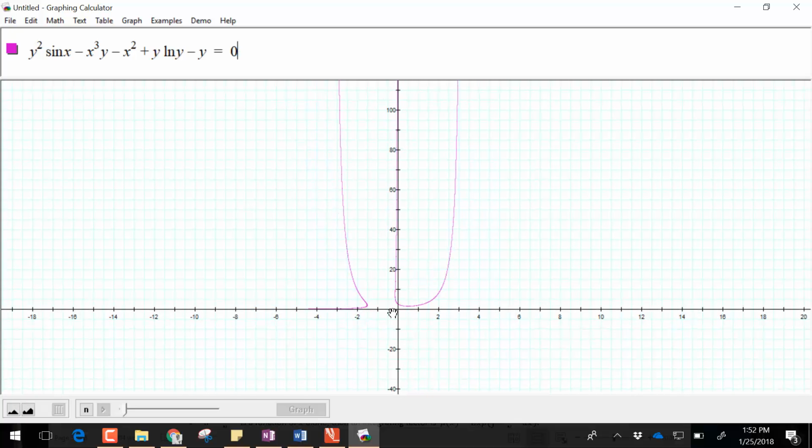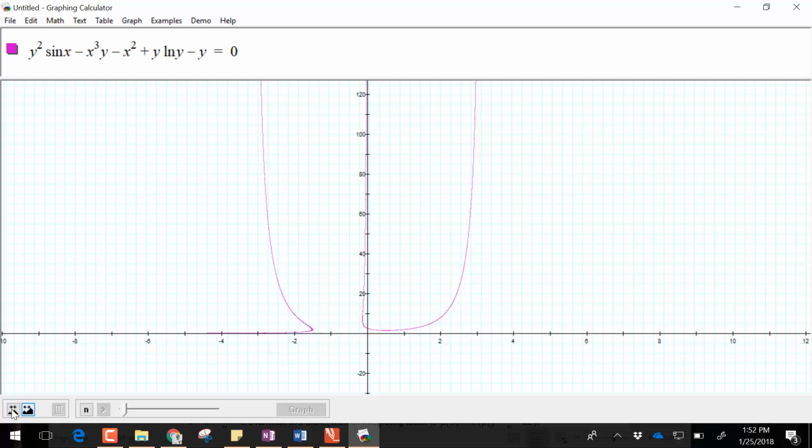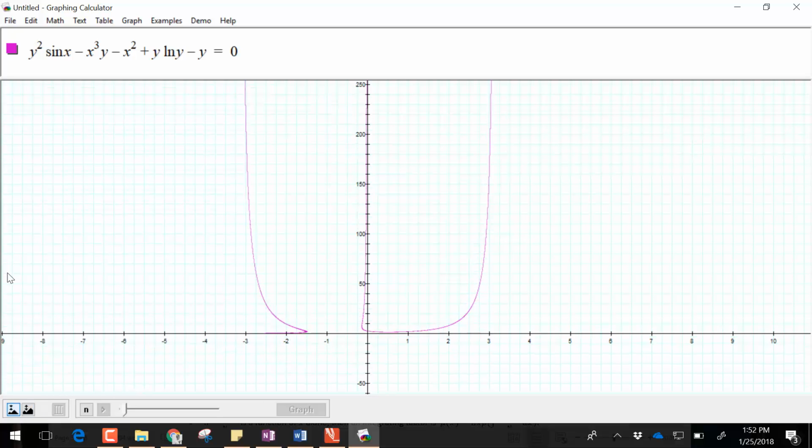Okay, so there. Anyways. Interesting graph.